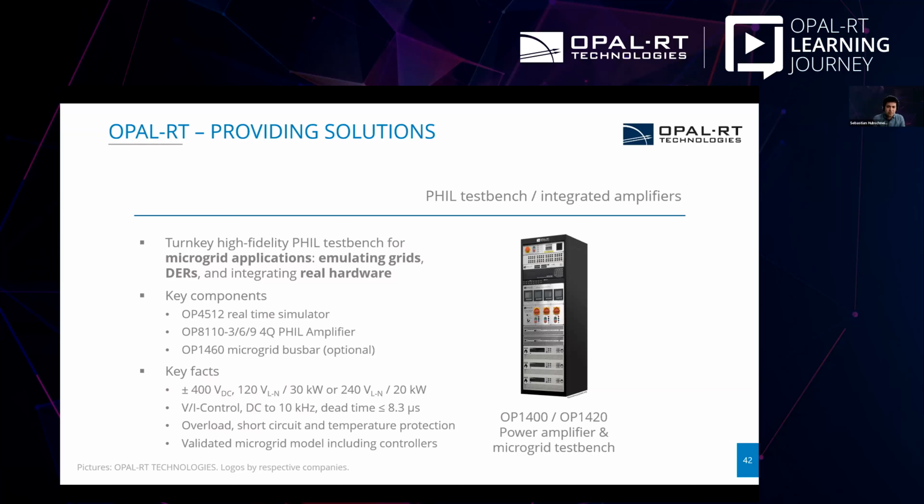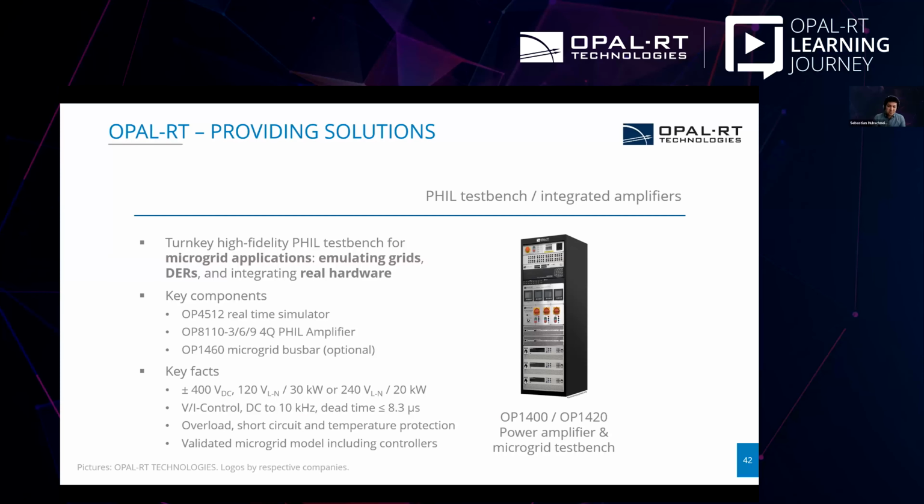We have a full 4-quadrant operation bandwidth of DC to 10 kilohertz, and a dead time which we can provide below 8.3 microseconds. So I think we can state that our test bench is perfectly suited for PHIL applications, while also offering typical low-level protections like overload, short circuit, and temperature protections.